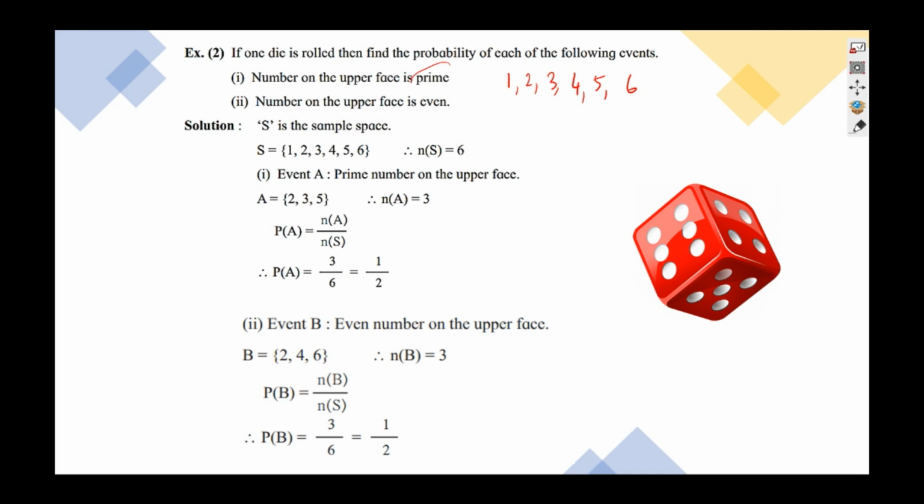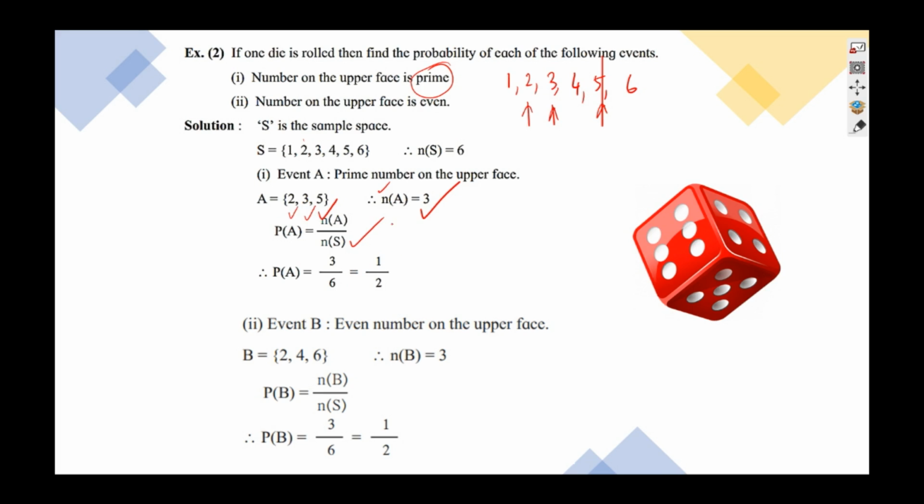The first condition is, what is the probability of getting a prime number. So 2, 3 and 5 are prime numbers. So the number of sample points over here happens to be 3. That is what is in the numerator, and as it is a 6-faced die, the number of sample points in the sample space is equal to 6.